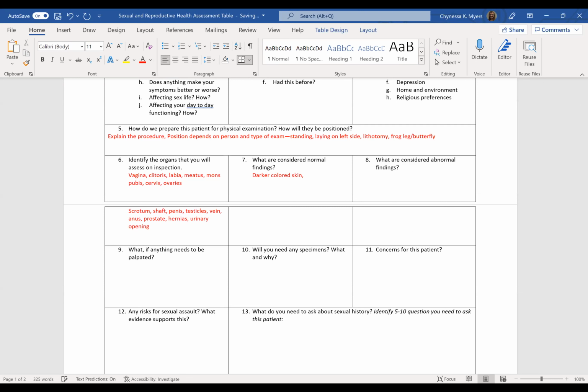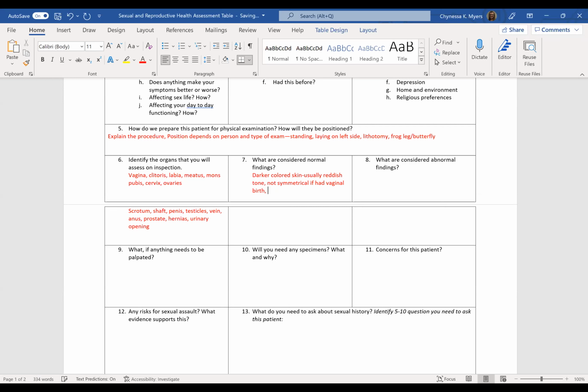Colored skin, usually like a reddish tone. Redness and swelling wouldn't be considered normal, but that's what we're looking for.